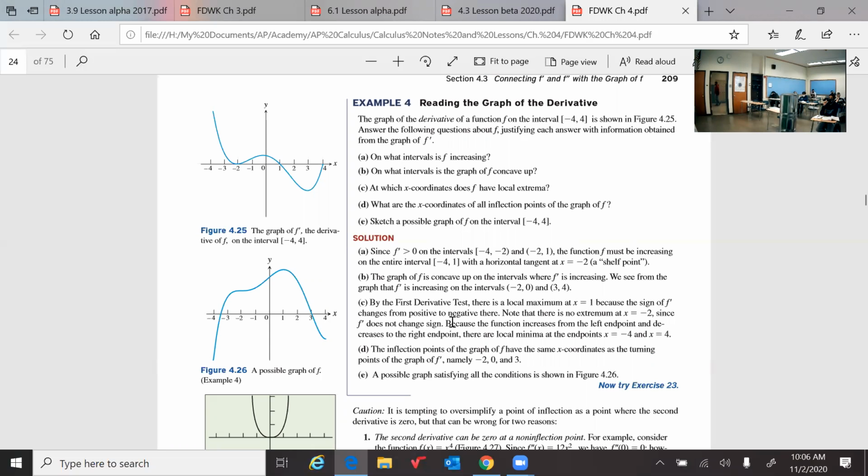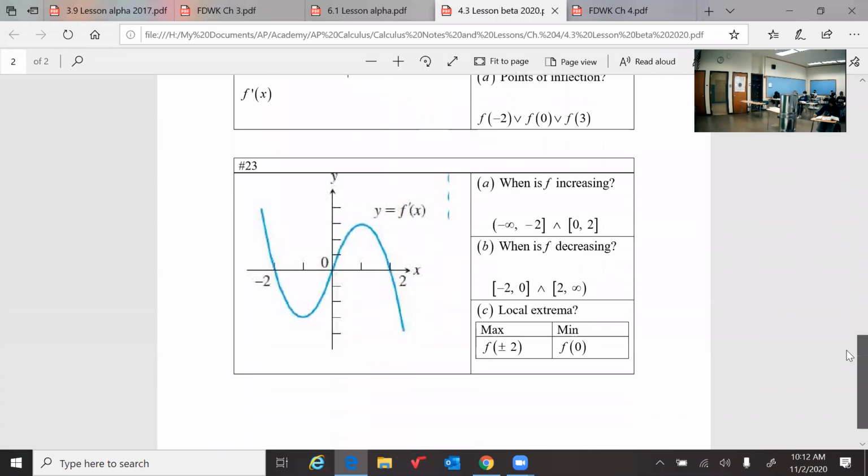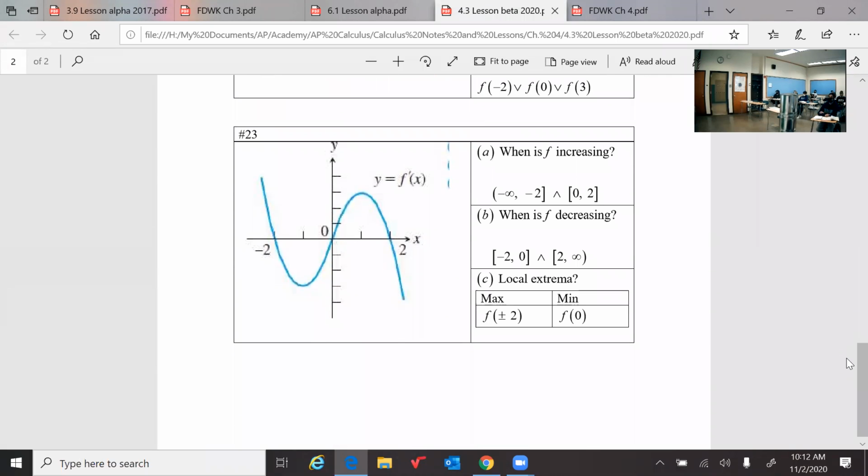You're going to problem 23. Okay, 23. Here's the picture. So when is the parent graph, this is the derivative, when is the parent graph increasing? These two are.